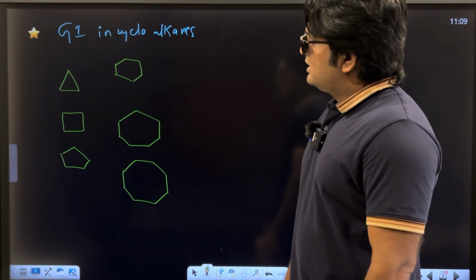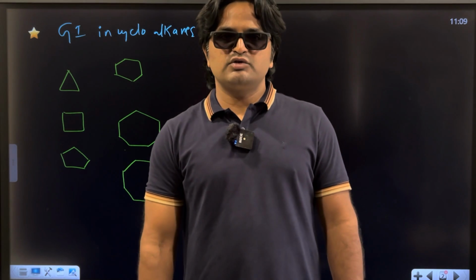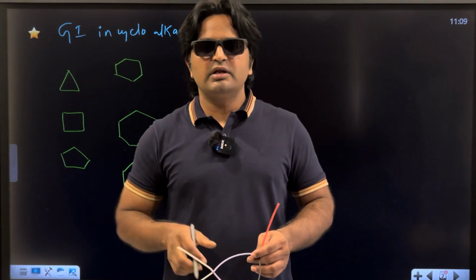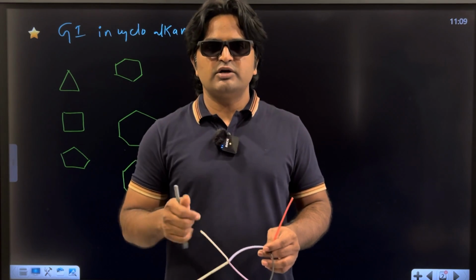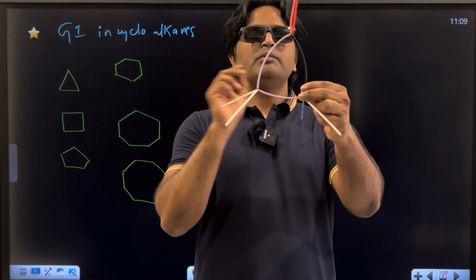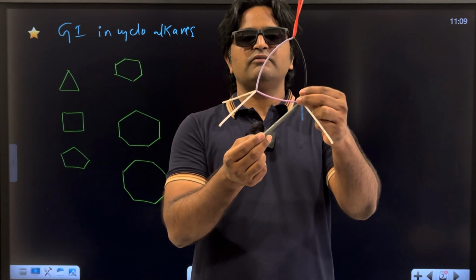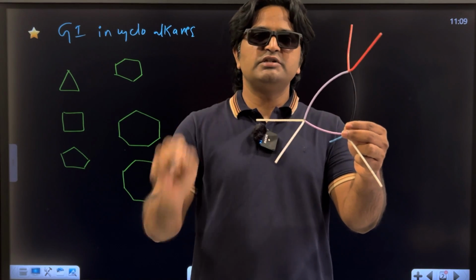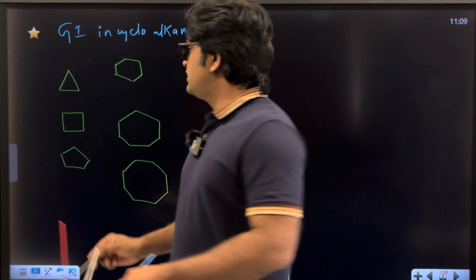Now in cyclic compounds, how do we explain geometrical isomerism? First of all, what is the important condition to exhibit geometrical isomerism? Restricted CC bond rotation. Just look at this 3 membered ring system. How many carbon atoms are there? We have 3 carbon atoms, and all three are sp3 hybridized, okay? Why?